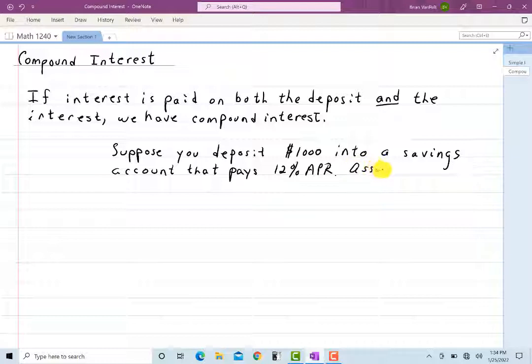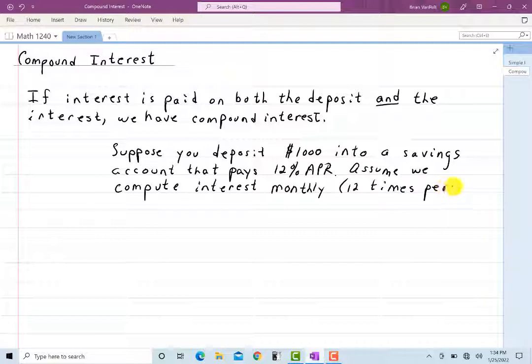Assume we compute interest monthly. So that's 12 times per year.